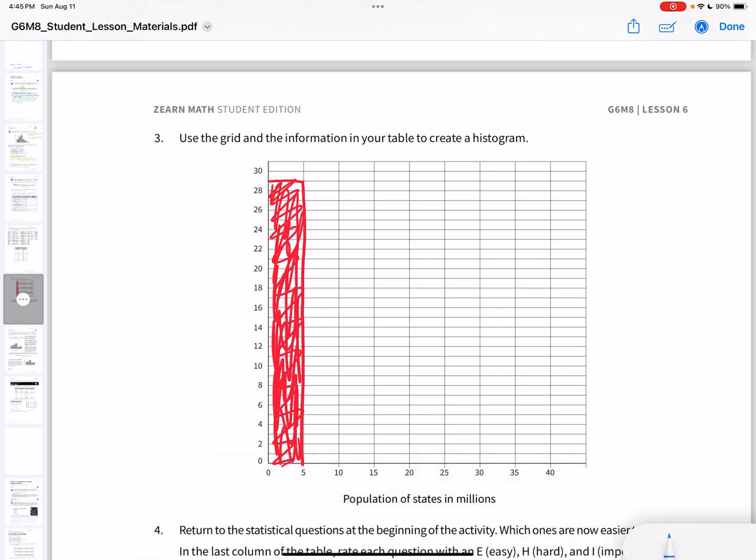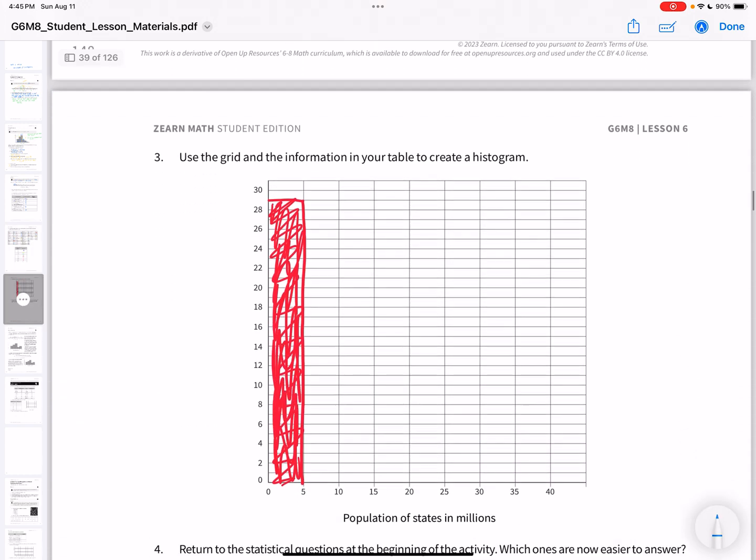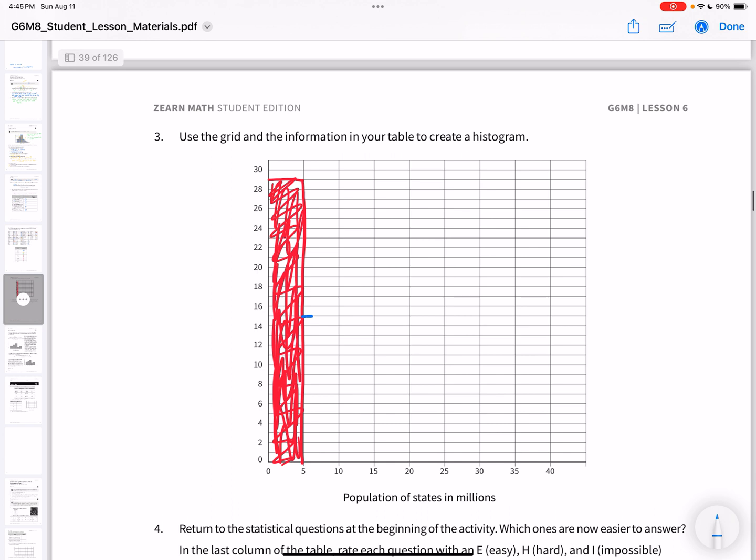Now we need 5 to 10. So that's 15. So we're going to go over here and find 15. Color that in. You can do a much better job coloring than I can.